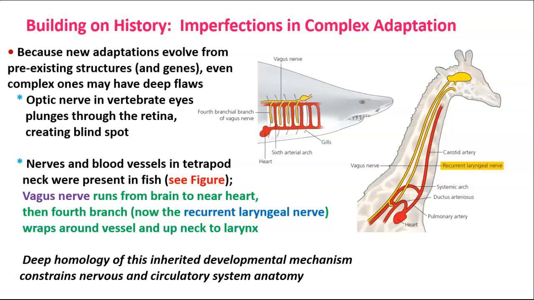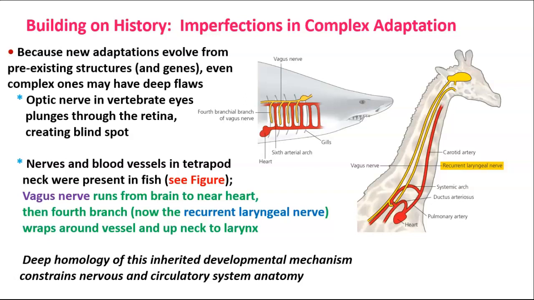So, for example, the optic nerve in our eyes, in all vertebrate eyes, plunges through our retina in the back of our eye and creates a blind spot. It's not very significant, but it's still a blind spot. It's still a patch in the retina that is not perceiving an image. And that's an imperfection, certainly not perfect. So that's an example.